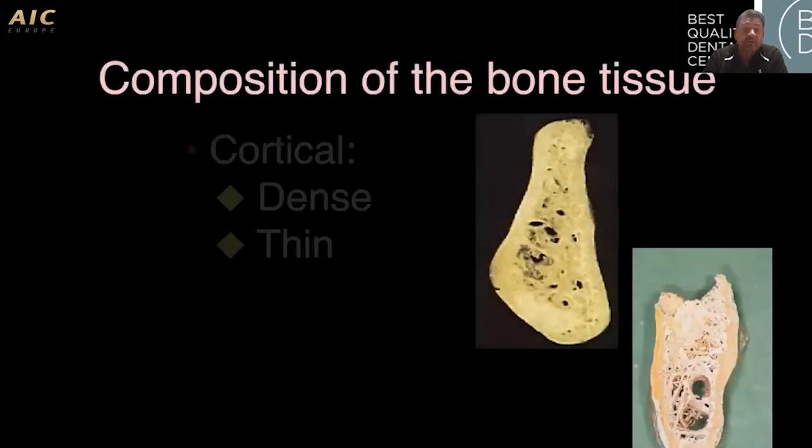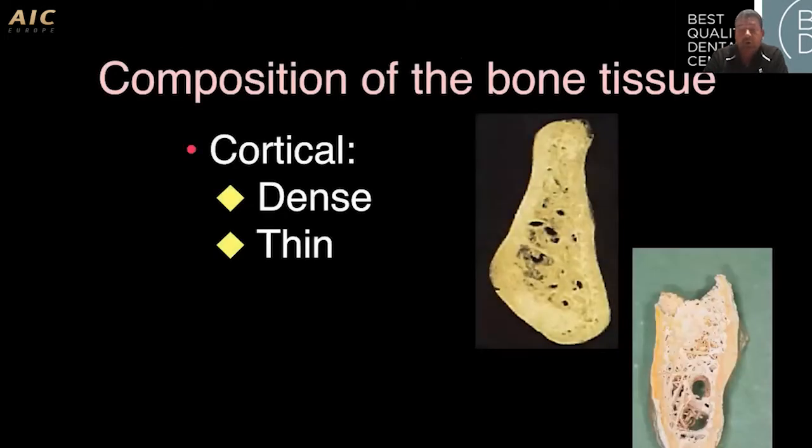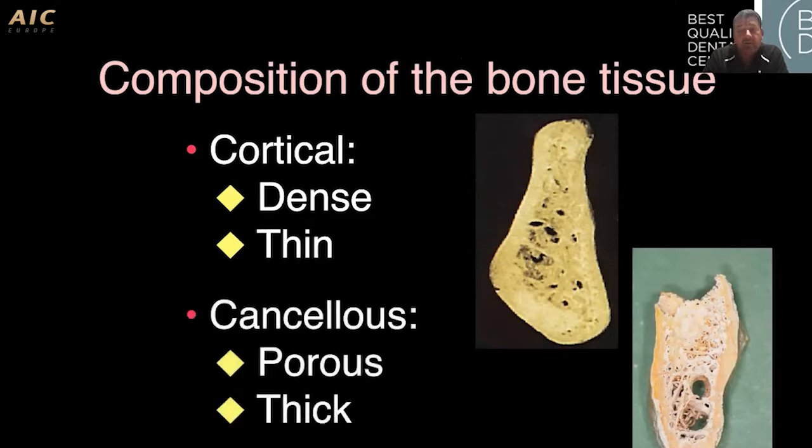We also know that the cortical is very dense and usually very thin, but sometimes we have a cortical that is dense and very thick. And the cancellous is basically mostly porous and thick.